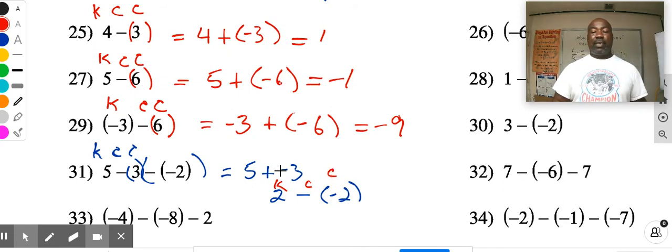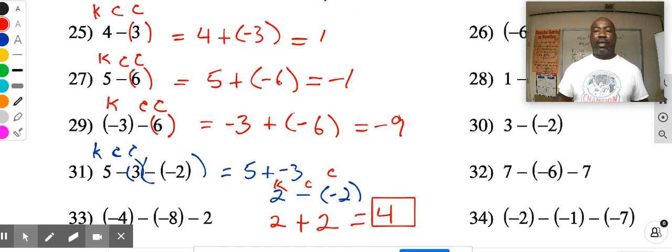So you're going to keep this sign right here, which is just 2. And then you're going to change the operation to what? Addition. Change the sign right here from negative to an addition, and your answer right here is 4. Easy peasy. The only way you're going to get good at this is just practice. Practice, practice. Keep, change, change.